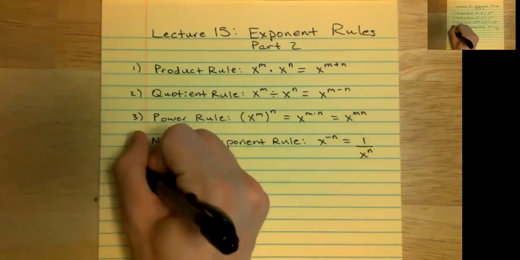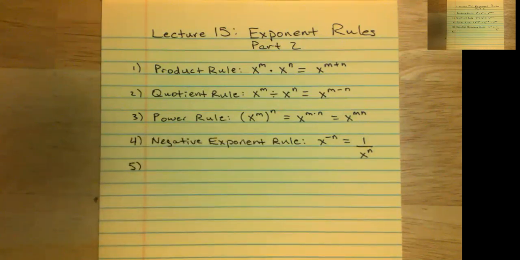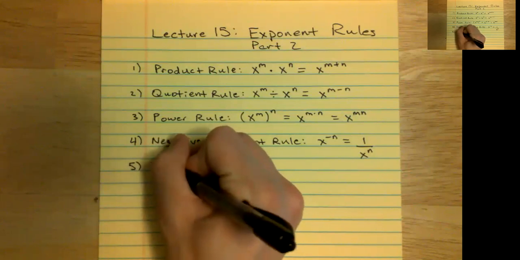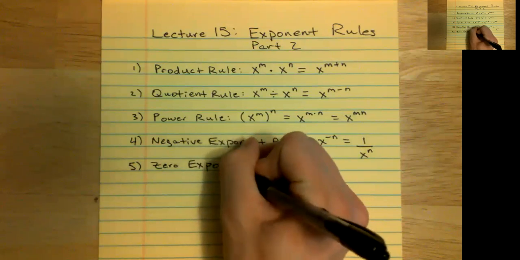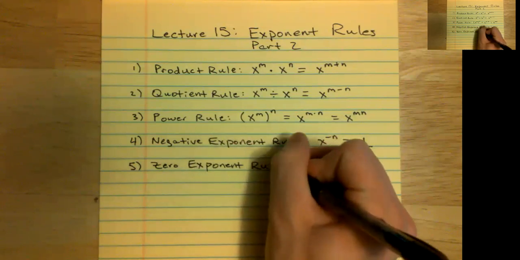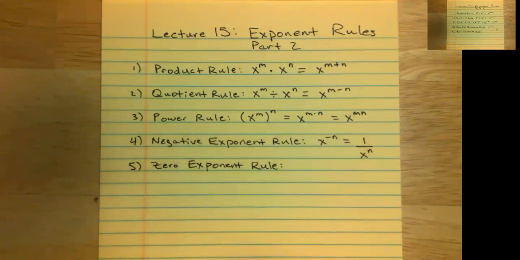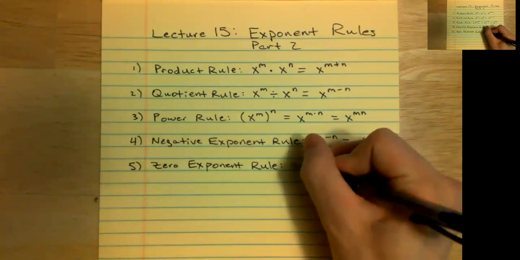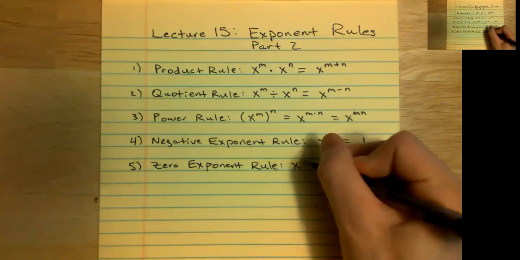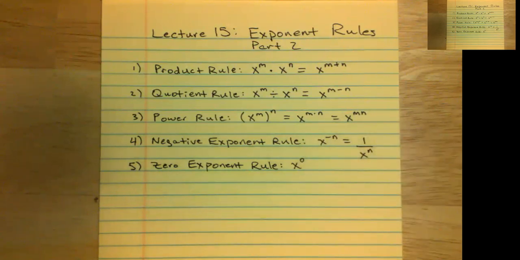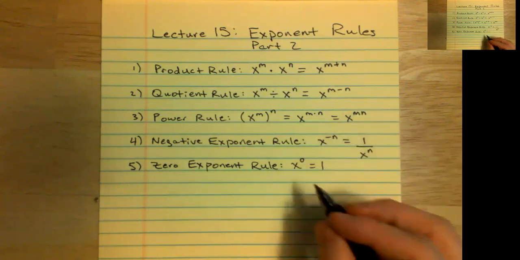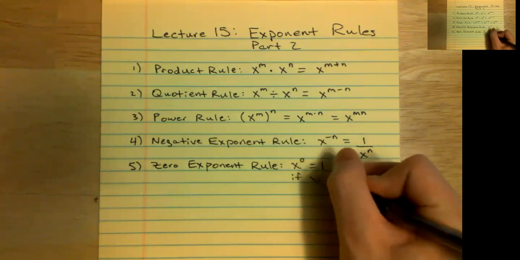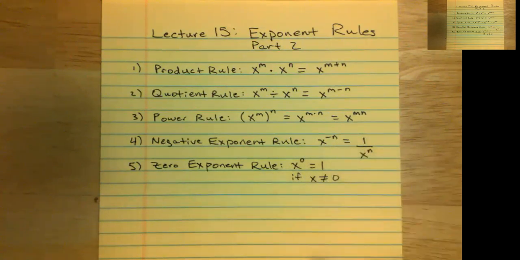And the fifth and final rule that we talked about on Tuesday was the zero exponent rule. All right, for this one, we're going to have the same exact variable, x, but we're going to raise it to the 0 power. When you raise anything to the 0 power, you're going to get 1, but only if x is not equal to 0. Okay? That's an important thing to remember about that.